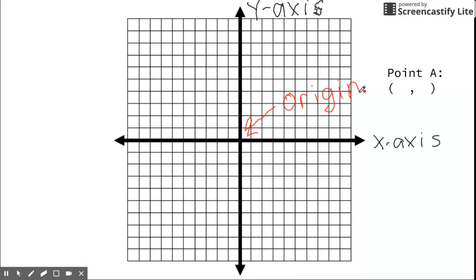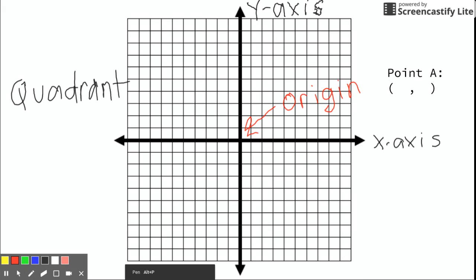On my coordinate grid, there are four things called quadrants. If we've heard quad before, that means four. The first quadrant, the very first one, is this quadrant right here, which is labeled quadrant 1.